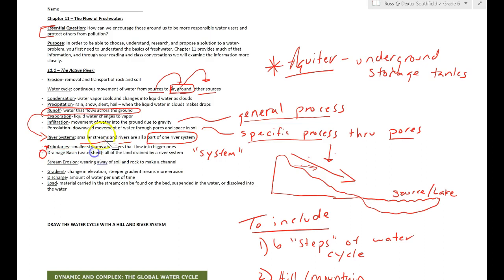So these streams and tributaries and big rivers, they all start to wear away soil and rock. And when they do that, that's again called erosion. And that is what ends up forming a stream bed or a river bed. That is what we call a channel. The fact that a river or a stream all flows together in one channel is because that water over time wears away more and more dirt and rock so that it actually cuts a path through that rock.